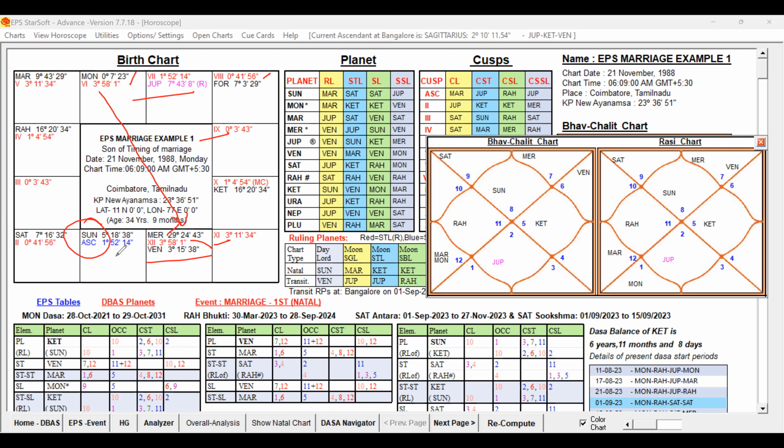In that way, the 7th Lord Venus is posted in the 11th house and also close to the 12th house, conjoined with the 8th Lord and 11th Lord Mercury, and aspected by the 9th Lord from the 5th house, which is close to the 6th also.